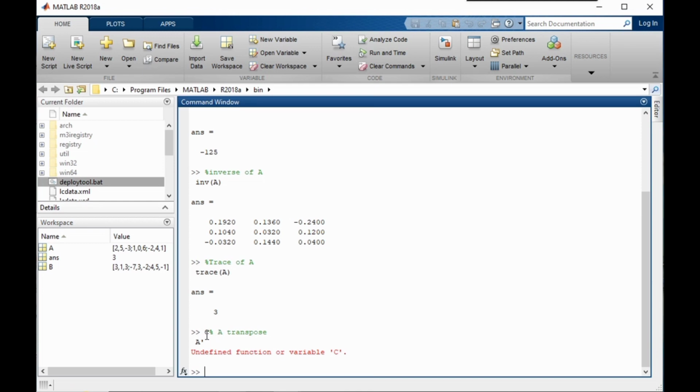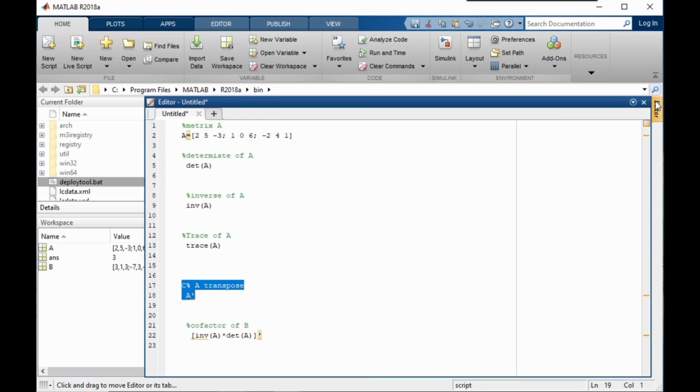Sorry, this is because I entered C before the transpose. That's why it gave us the undefined function. So let's check what I entered over here. Okay, this is because I entered C before the command. So delete the C over here and copy it again.